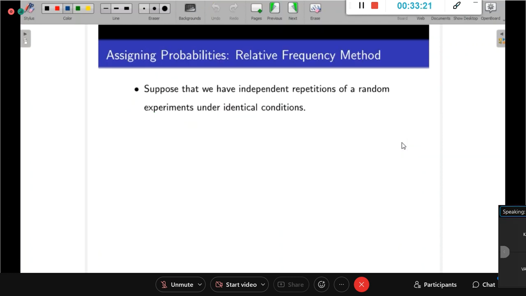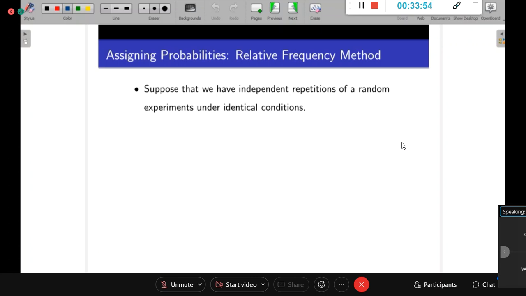Now another method, which is also maybe familiar to all of you, is known as the relative frequency method. Here you have independent repetition of a random experiment under identical conditions. So you perform it countably infinite times.